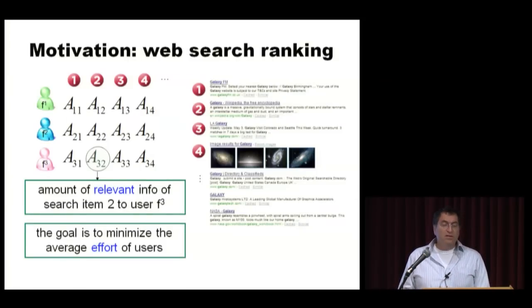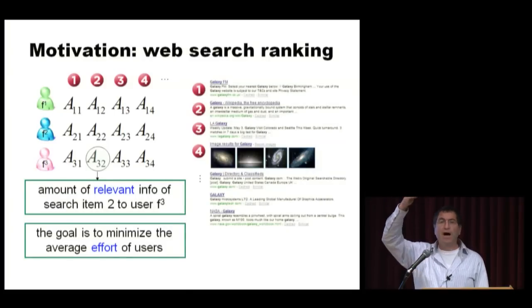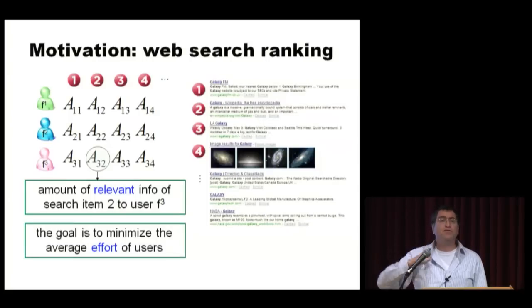Each user, once he performs the search, scans the pages from the top down, and once he collects enough relevant information, he stops the search. He stops looking because he got enough information. What we are trying to do is minimize the average expected time until the user finds enough information.